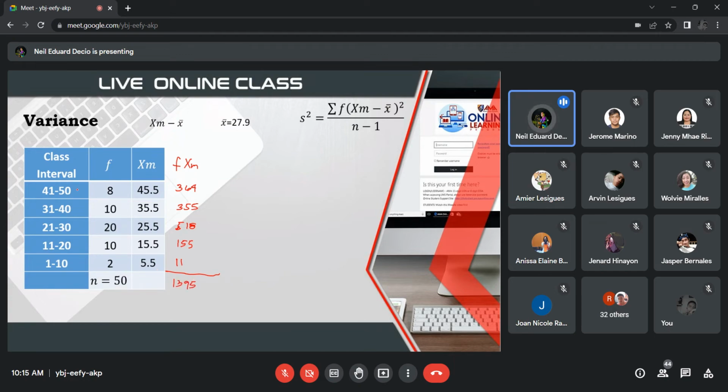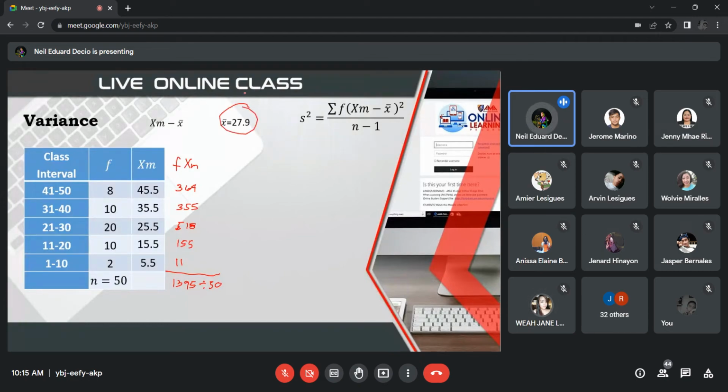Then if we divide it by N, which is 50, that would be 27.9, which is this one. Okay?